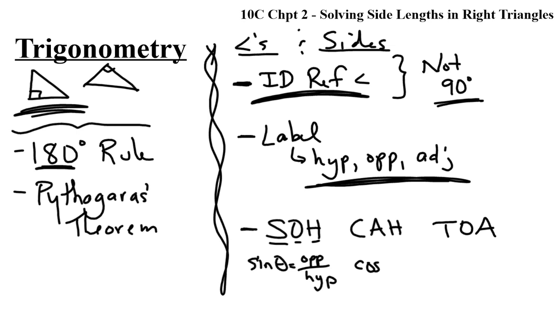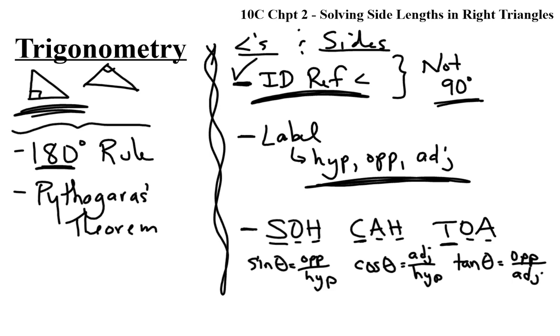The cosine of a given angle is always the side adjacent over hypotenuse. Cosine, adjacent over hypotenuse. And we finish with the tangent of some angle is always the side opposite over the side adjacent. Tangent is opposite divided by adjacent.